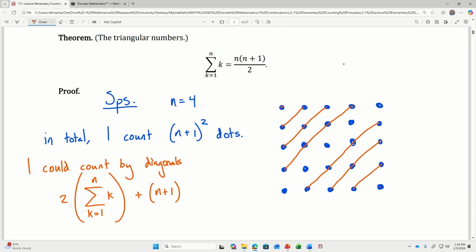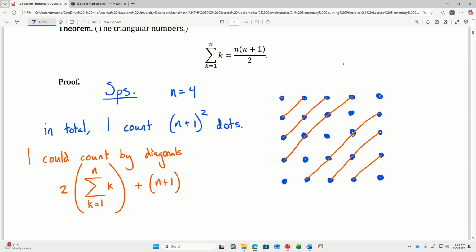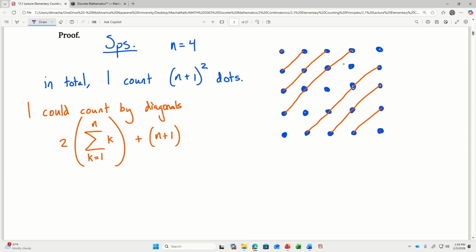And then this is the second way of counting by the diagonals here in orange. And the principle of counting in 2 ways says that since this formula is counting the same thing as this formula, they have to be equal to each other.